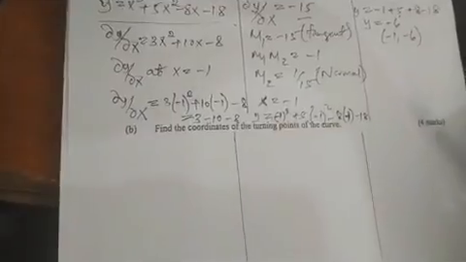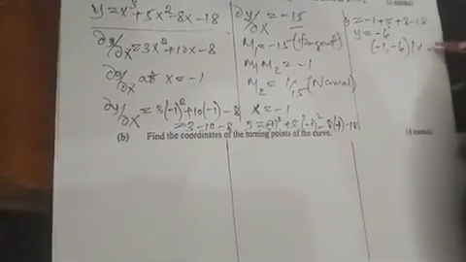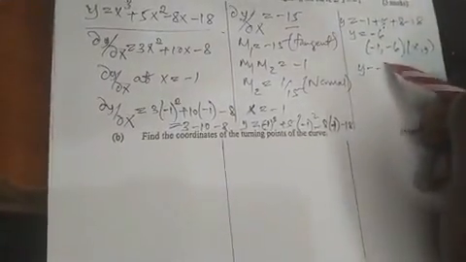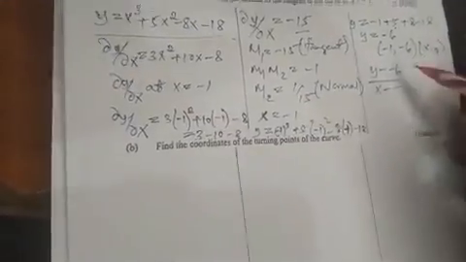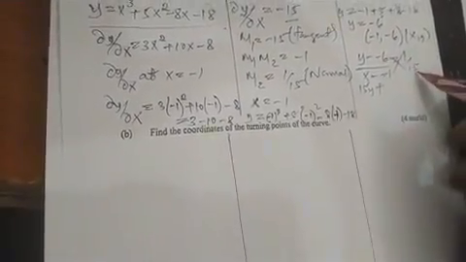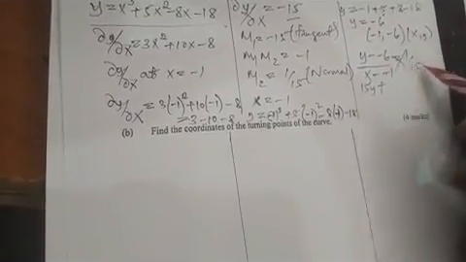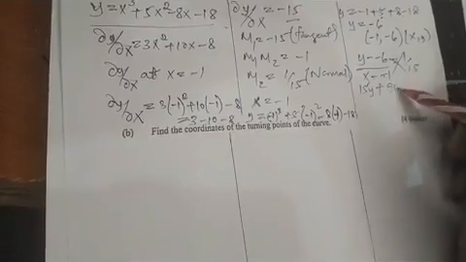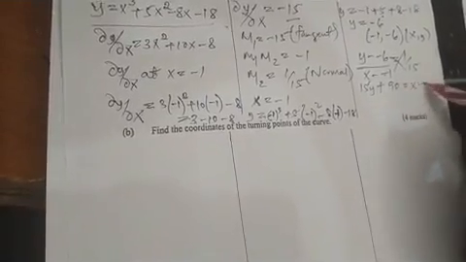So the equation of the normal, we shall form it. Y minus negative 6 over x minus negative 1 is equal to 1 over 15. Cross multiply: you have 15y plus 15 times 6, plus 90, is equal to x plus 1.